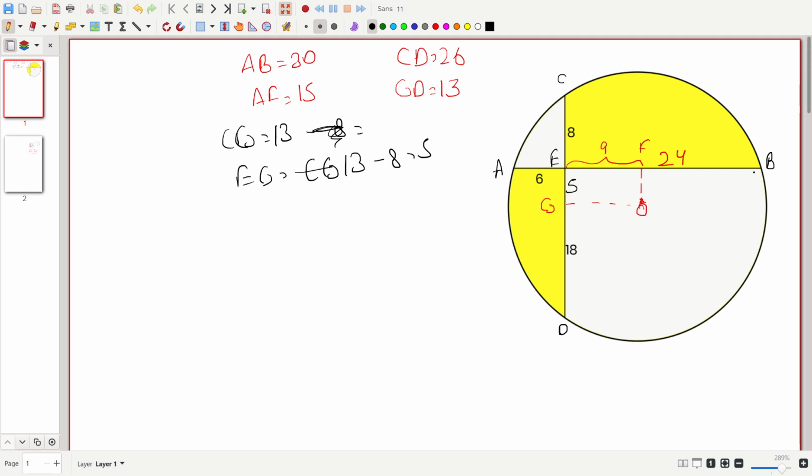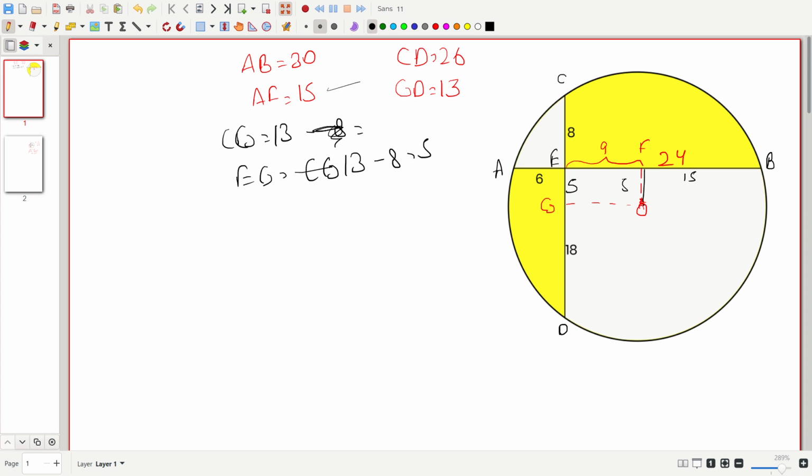What will be the length of this one? 24 minus 9, it is basically half of it, so 15. So this is 15 and this length is 5. If I solve this, what will I get?